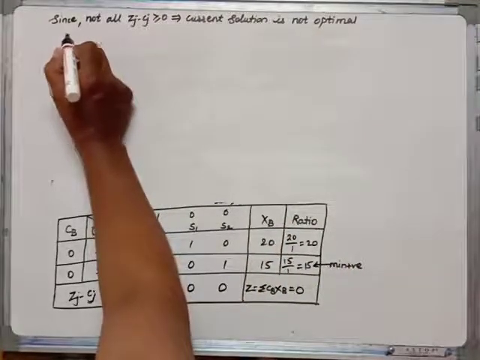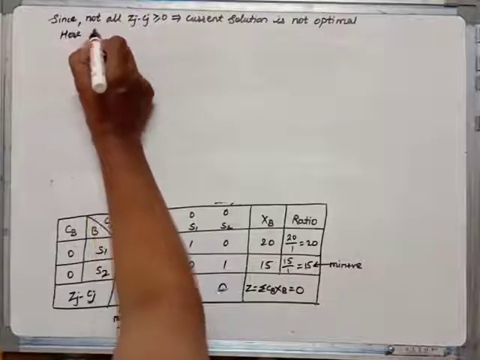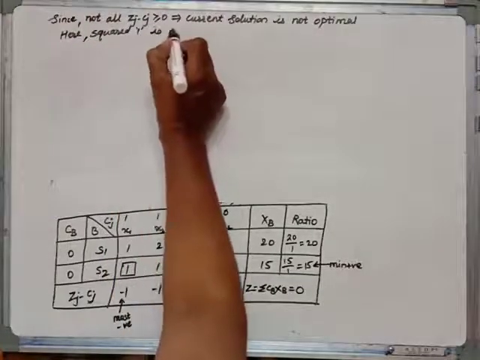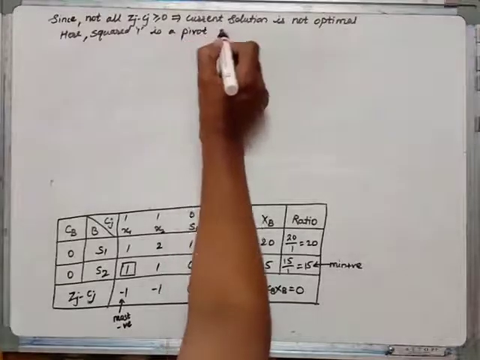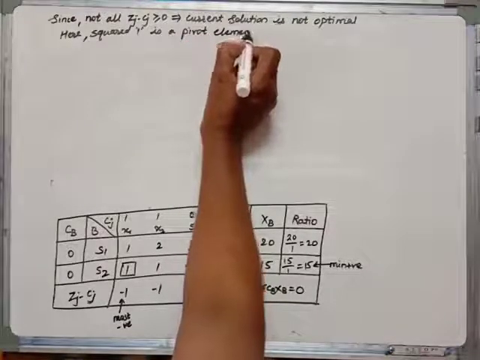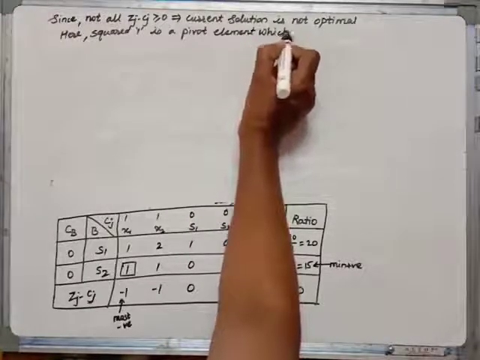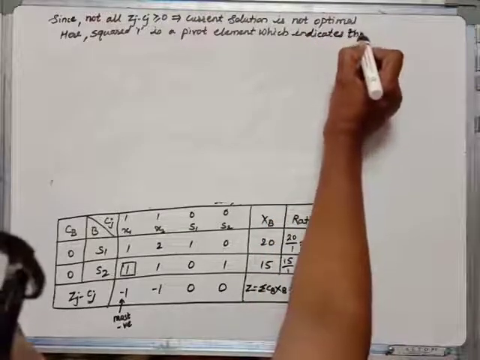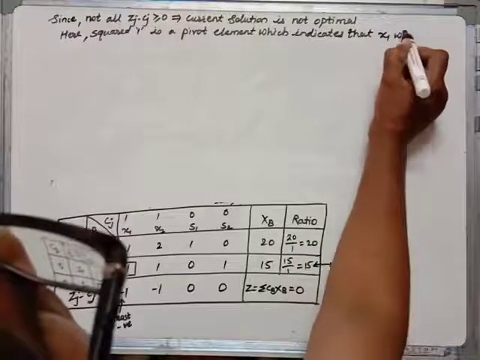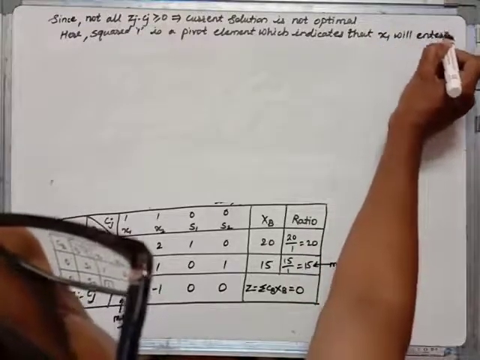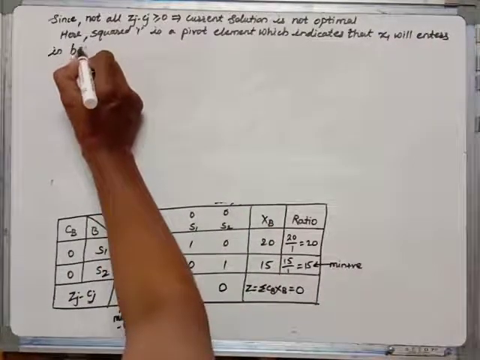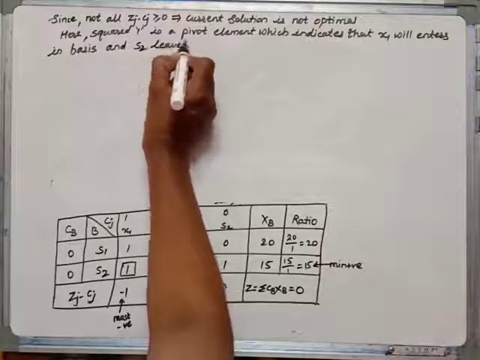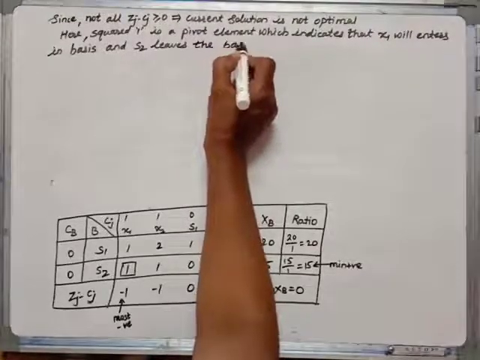Therefore here the squared 1 is the pivot element, which indicates that x1 enters the basis and s2 leaves the basis.